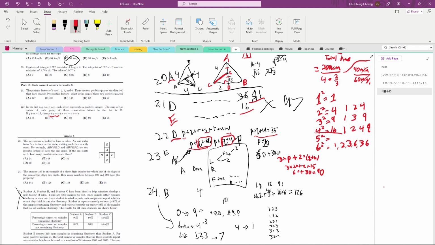Okay, 23. This is kind of annoying. So basically you want to travel, so you've got this cube, right? Like if you fold it, you get a cube. And you want to get from A and then arrive at every single one of the squares.